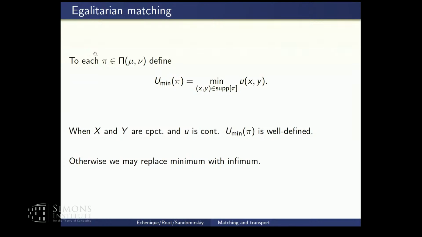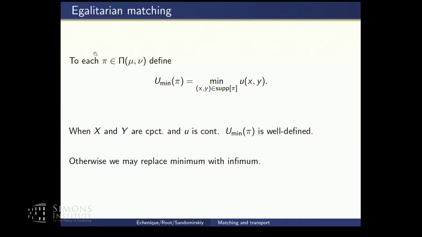For each matching, I can look at the smallest utility that a couple gets in the matching, okay? So the least utility in the support of pi. And if this minimum doesn't exist, I can replace it with an infimum. That's okay.